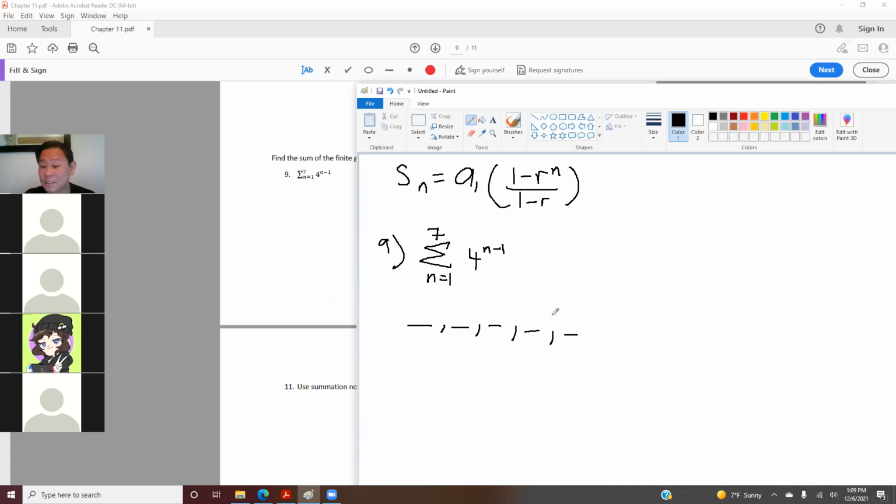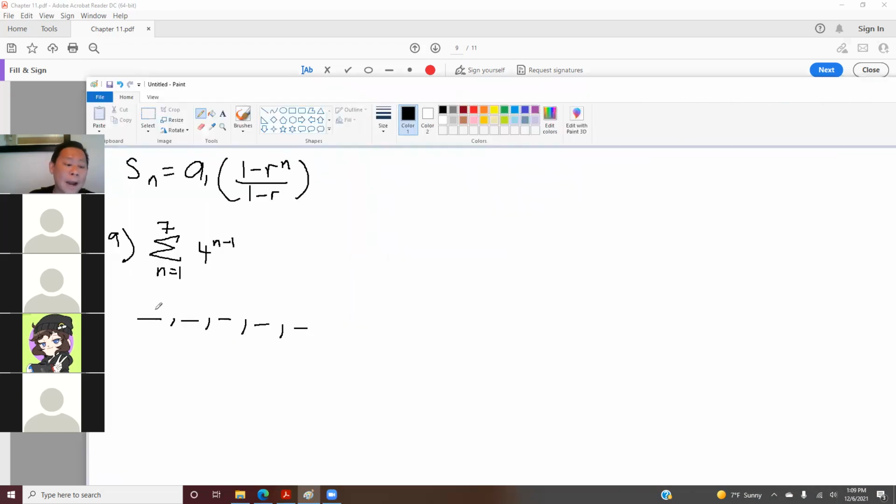Then with this, you know your A1 and your R. A lot of students make the mistake of thinking the 4 is your A1, not necessarily. First, I want you to plug in n is 1. What do you get? When n is 1, you get 4 to the power of 0, and 4 to the power of 0 is 1.